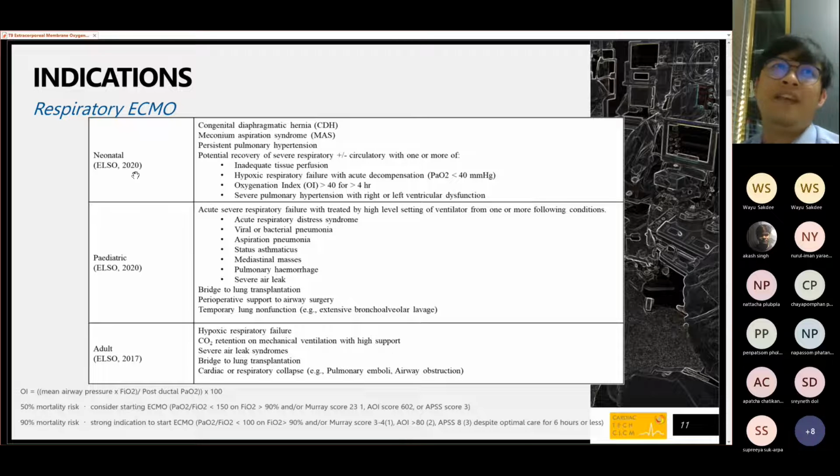For neonatal and pediatric ECMO, it's quite related to congenital abnormalities like diaphragmatic hernia. This is a classic indication. Also aspiration of meconium and pulmonary hypertension. This is a classic one. Okay.